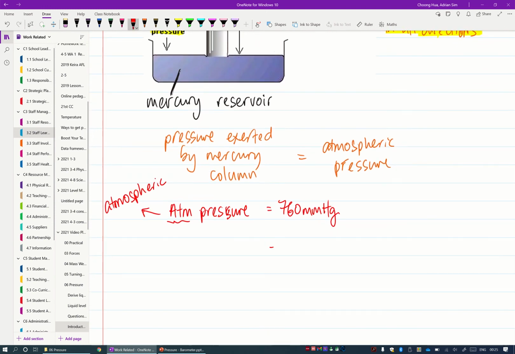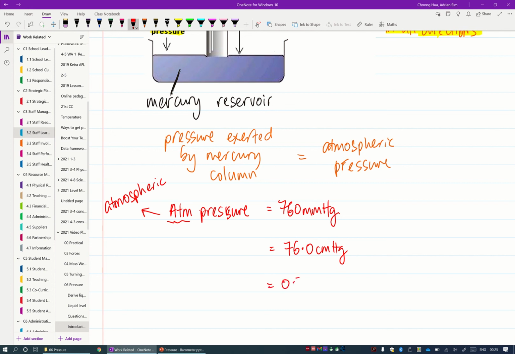We can also write 76.0 cmHg. Less common, but can. Right, I already gave the reason. The length refers to the vertical height, and the chemical symbol refers to the chemical that you use to measure the vertical height.